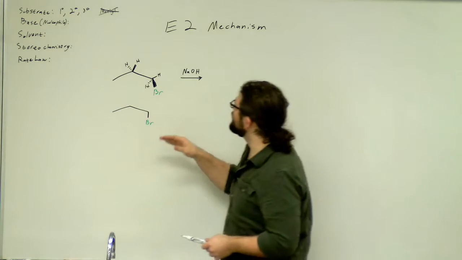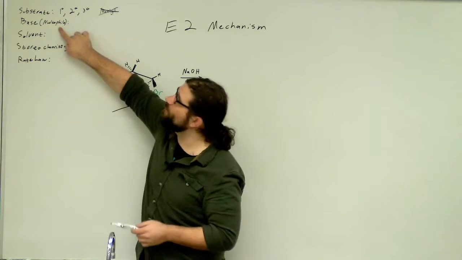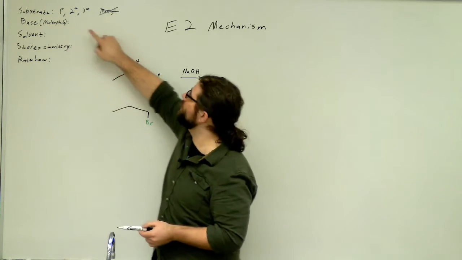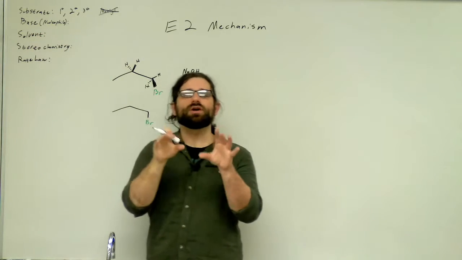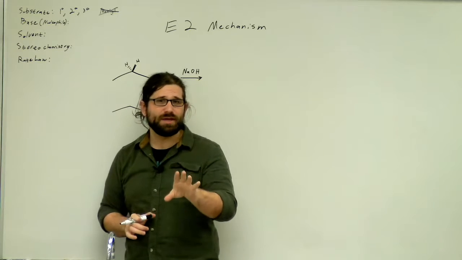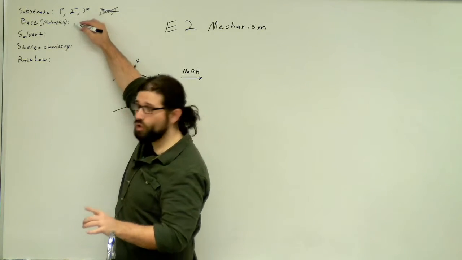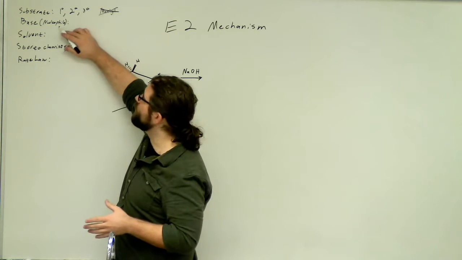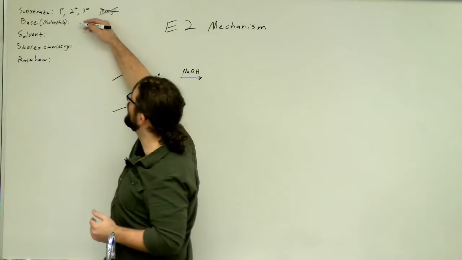When we're looking at the substitution mechanisms that could occur, we're going to care about how nucleophilic that thing is. When we look at the elimination, we're going to look at how basic that thing is. But we're going to be looking at the same molecule. I'll hit that point again in a little bit, so if it's confusing now, that's okay. But just keep in mind that where the SN cared about the nucleophile, the elimination cares about how basic that nucleophile is.